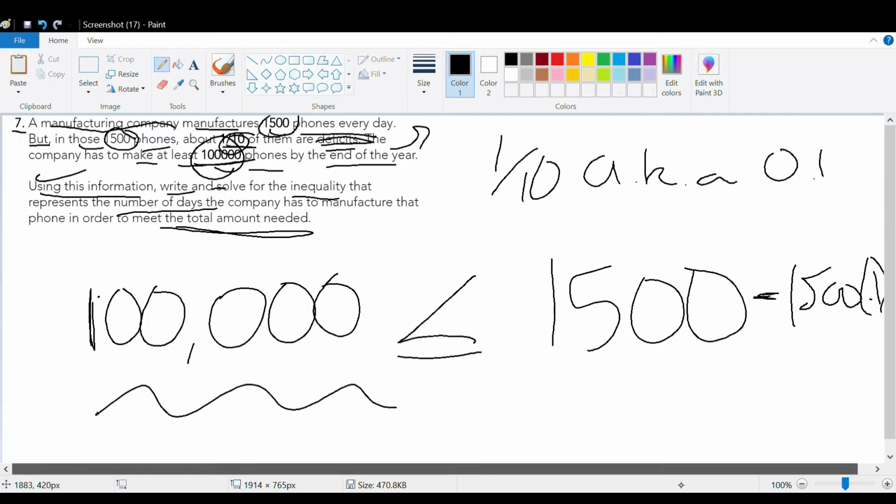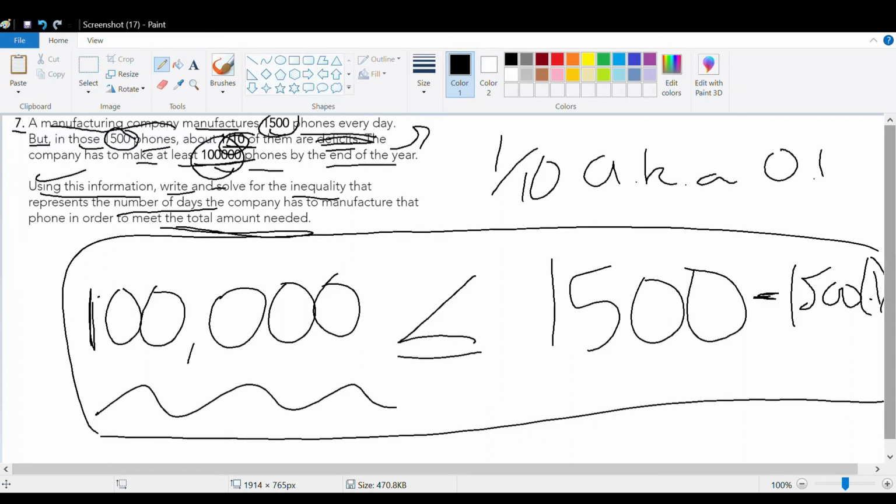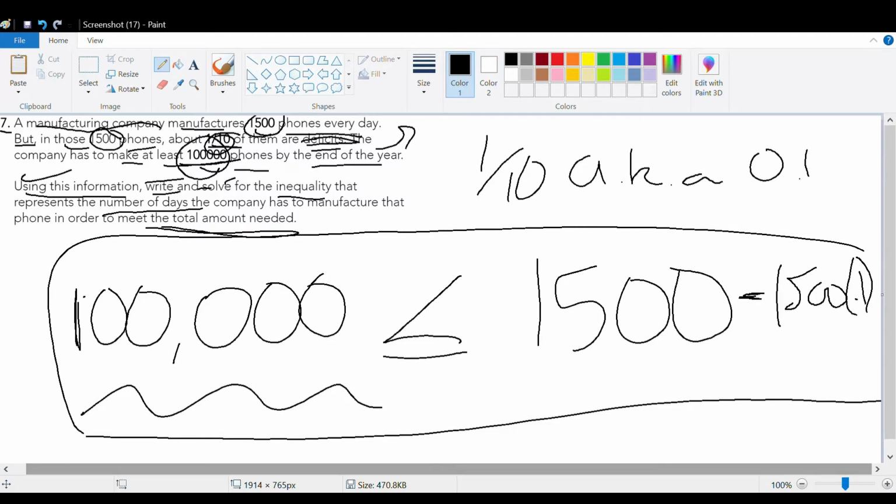Now this right here is our inequality. We not only have to write it, we also have to solve for x, which is right here and here, because they manufacture deficits and they manufacture real items as well.